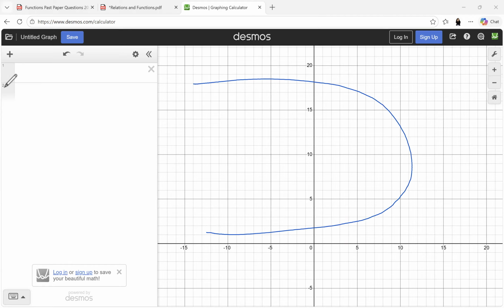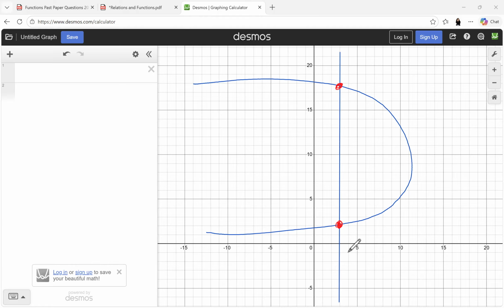Look at what happens when I draw a vertical line there. Do you see what happens? When I draw a vertical line, this line is cutting the graph at 2 points. So therefore, this graph fails the vertical line test, and so it is not a function. This graph does not represent a function because it fails the vertical line test.